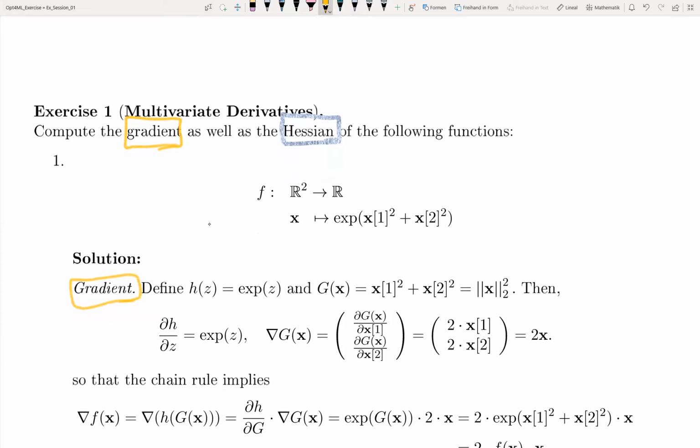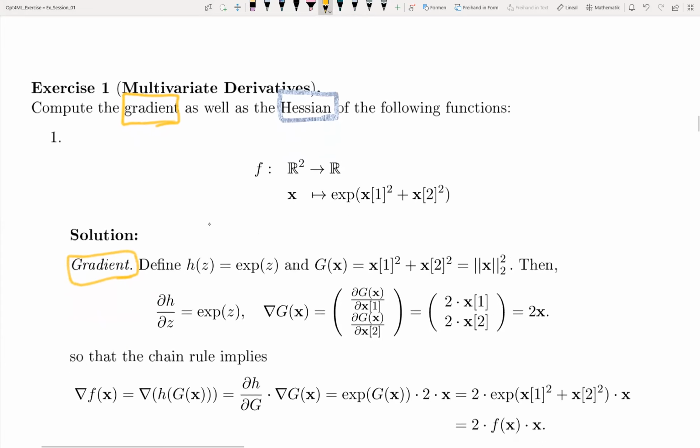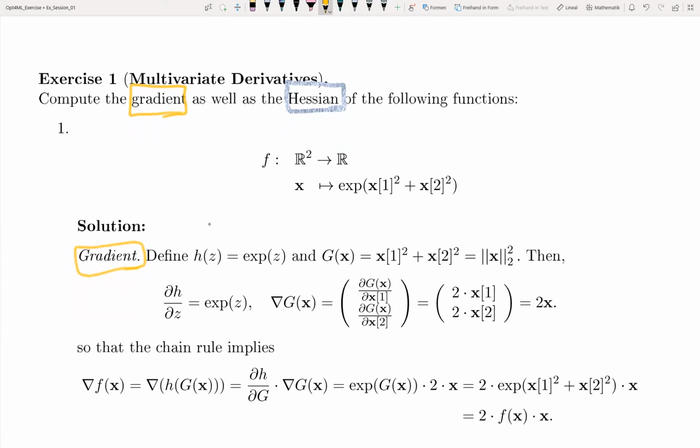We could also do something different here, but what I saw directly was a chain structure, where our outer function, which is a univariate function, is simply the exponential function, and the inner, multivariate function is the function g, which is summing up the squared entries of our input vector.